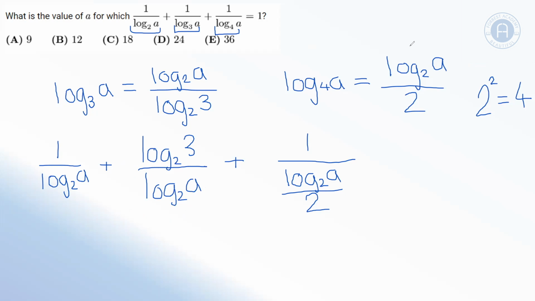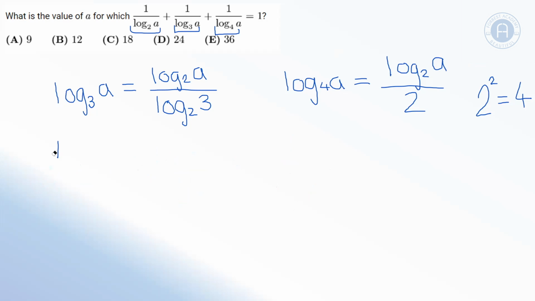We have 1 divided by a fraction, so we can simply flip that fraction upside down and give ourselves 2 over log 2 of A. We also now have a common denominator, so we can put all of these together into one single fraction, and that will be log 2 of 3 plus 3 over log 2 of A.